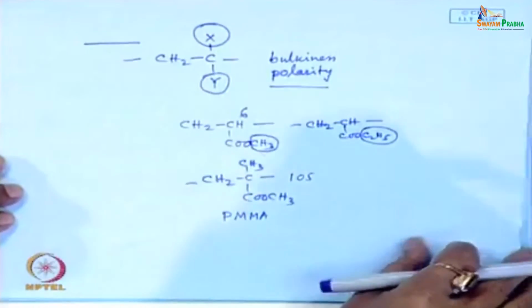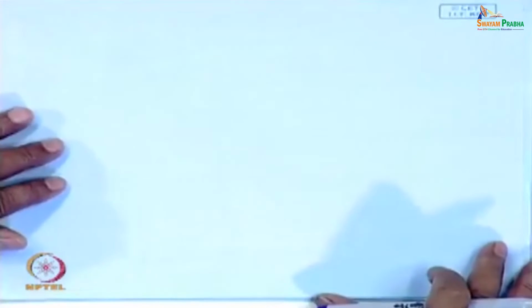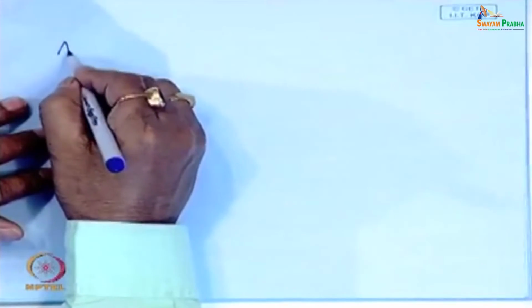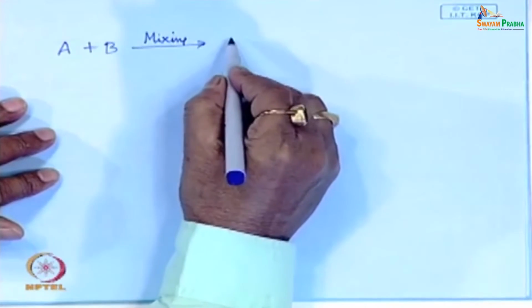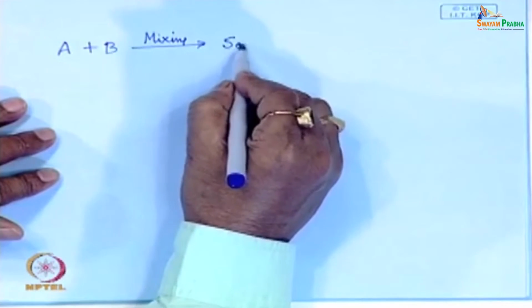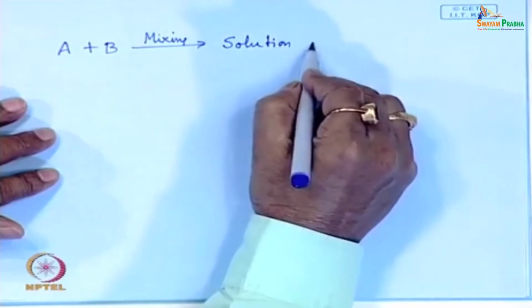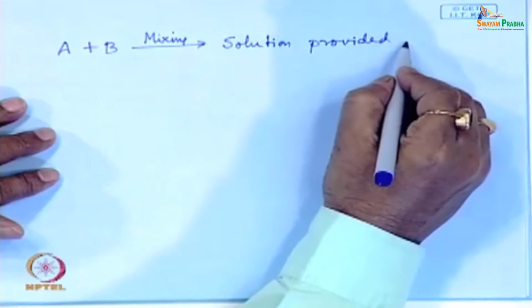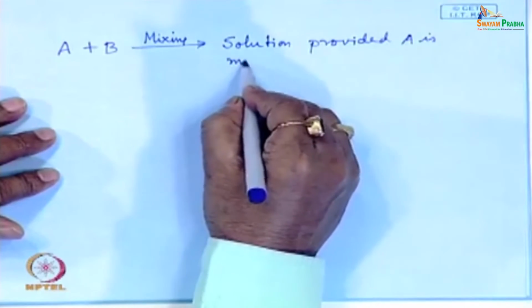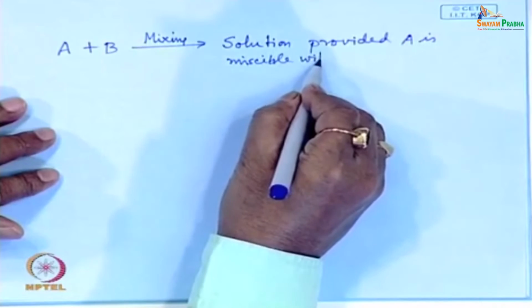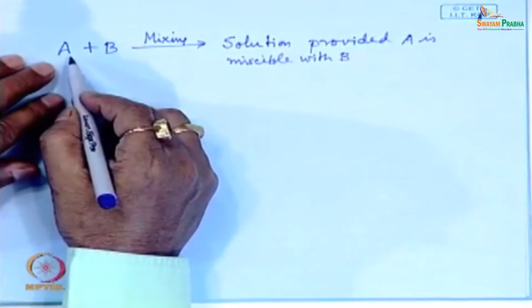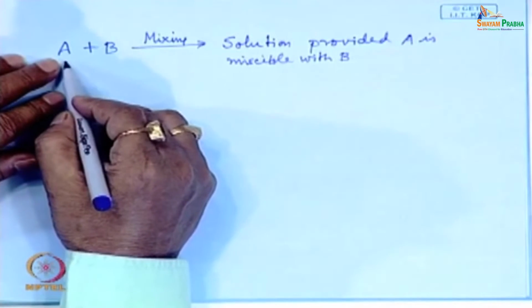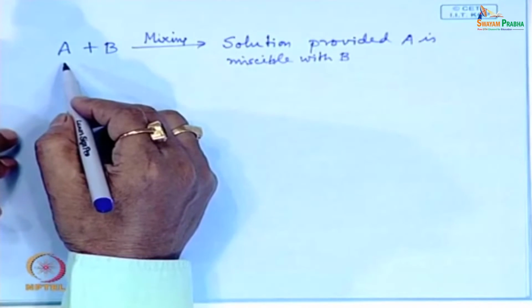If we mix a component A with a component B, we can get a solution, provided A is miscible with B. Out of these two components, one may be considered as a solvent and the other as a solute.